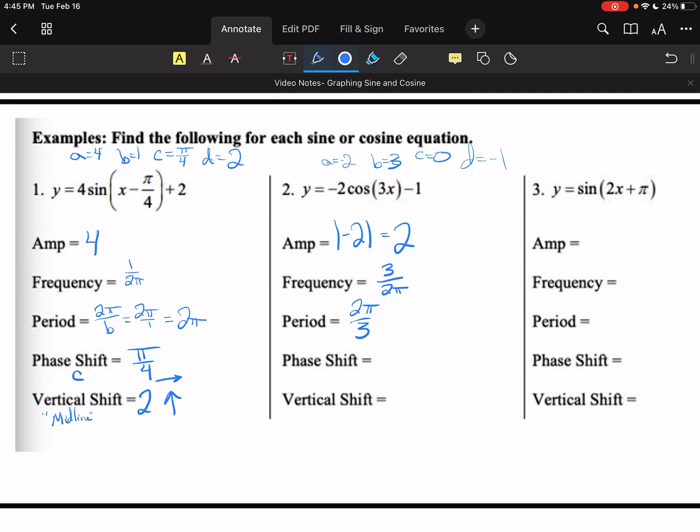Phase shift, there isn't one, right? 0. And my vertical shift or midline, -1, so that's going to move me down. Just like we did with our normal functions, right? When I'm given something that looks like this on the inside, I need to factor that 2 out. That 2 has to be separated.